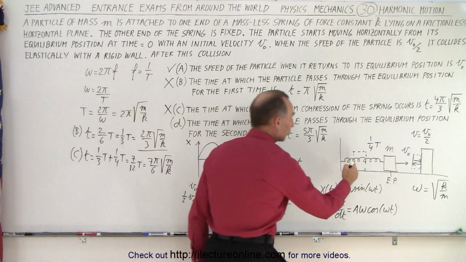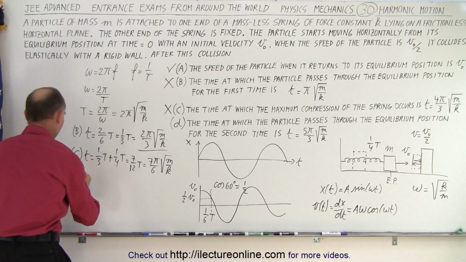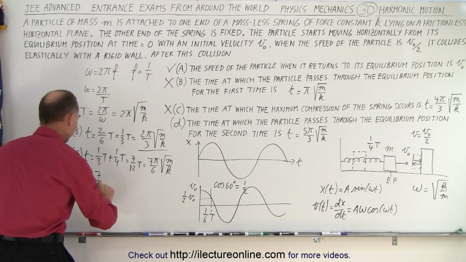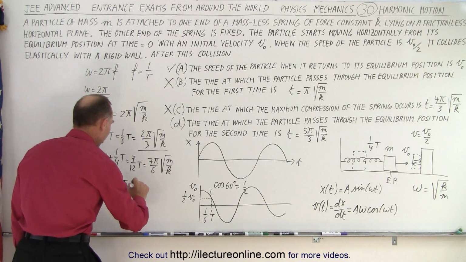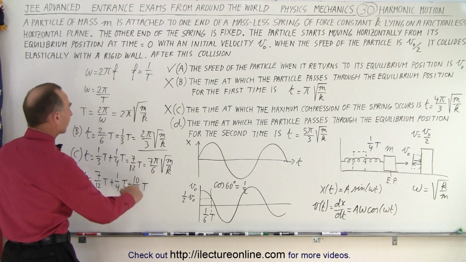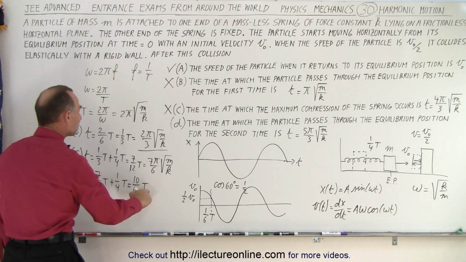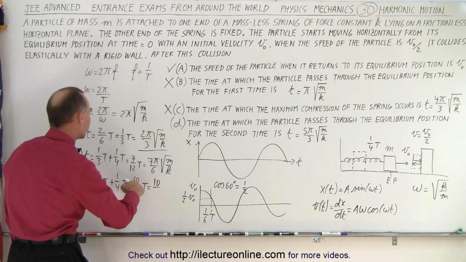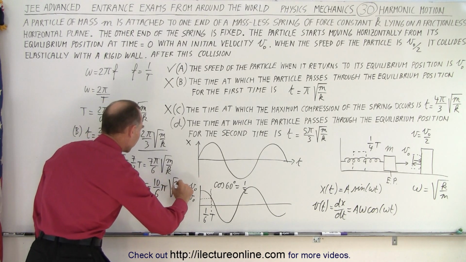Finally, the time for it to go back to the equilibrium point on the way back is another 1/4 T. So for D, time is equal to 7/12 T plus another 3/12 T, which is 10/12 T. And T is equal to 2 pi times the square root of m over k, so 10/12 T would be 10 over 6 pi times the square root of m over k.